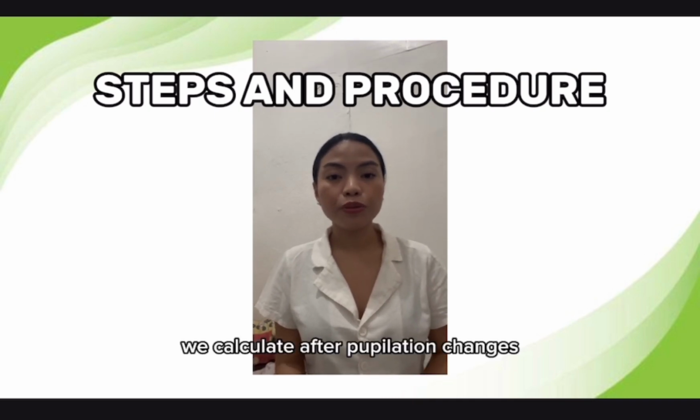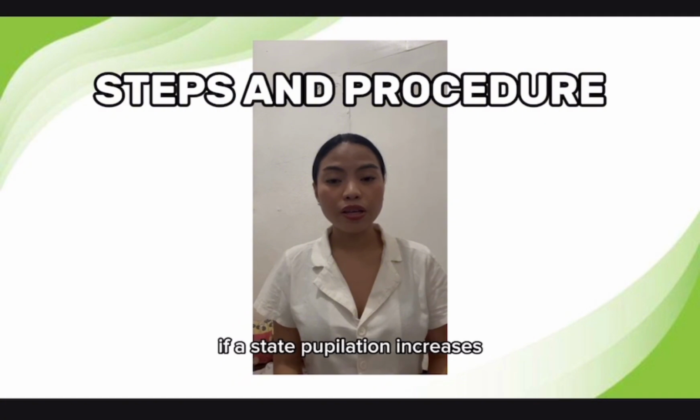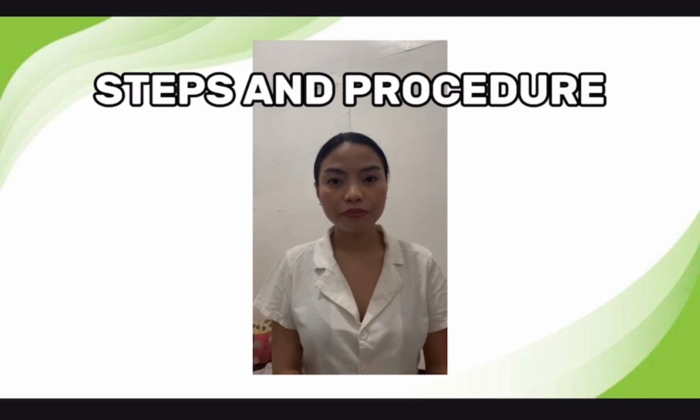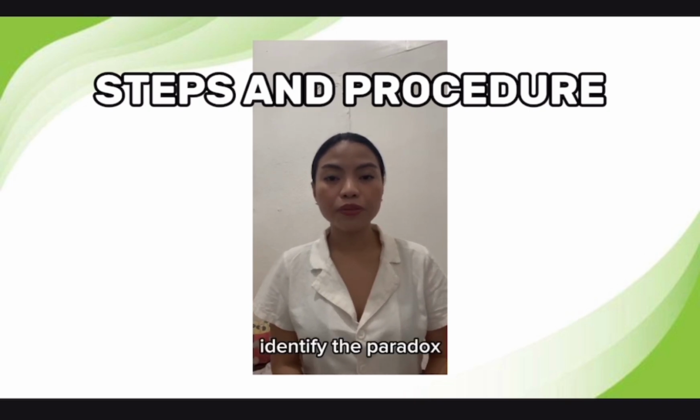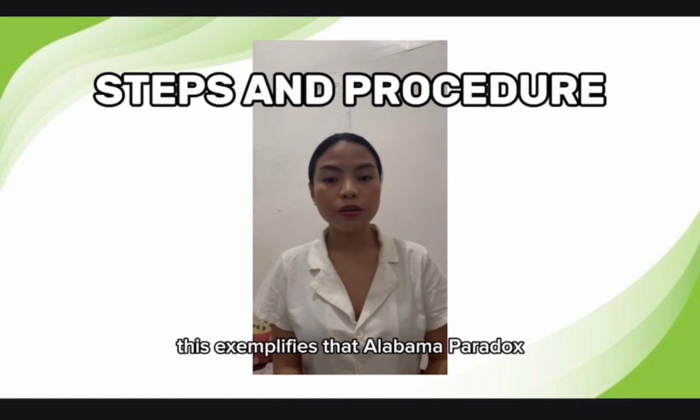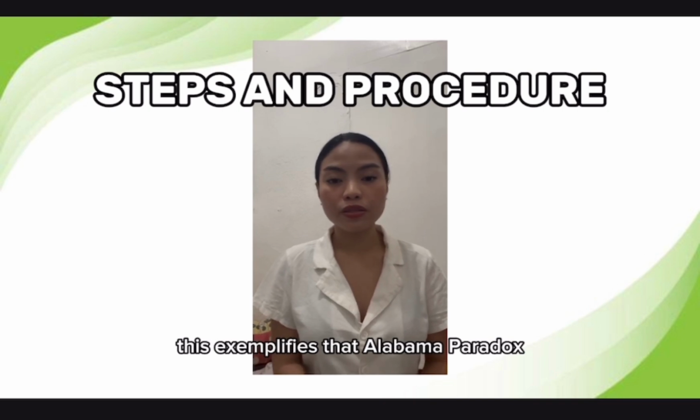Recalculate after population changes. If a state's population increases, recalculate the seat distribution. Identify the paradox. Check if a state with a population increase loses a seat. This exemplifies the Alabama paradox.